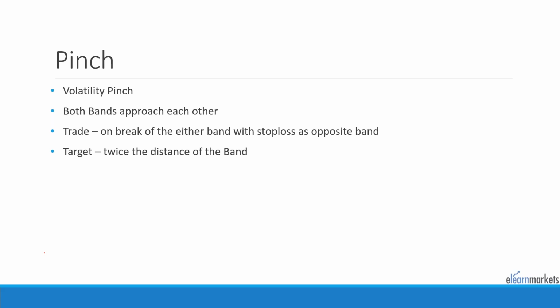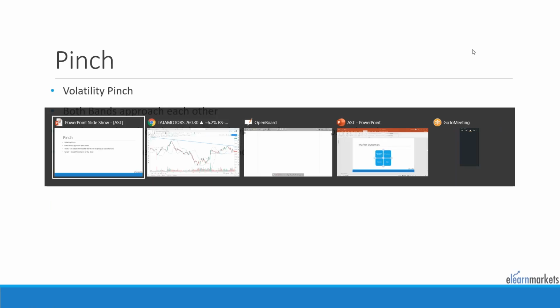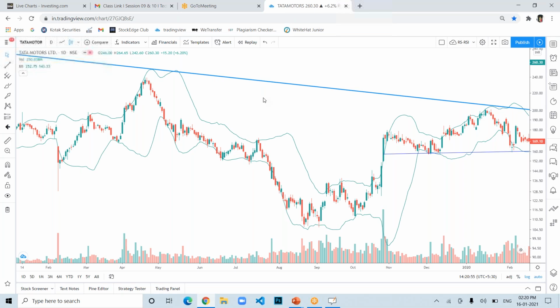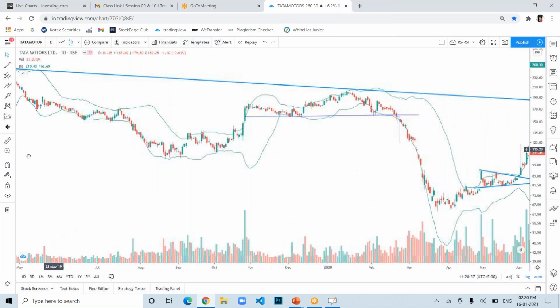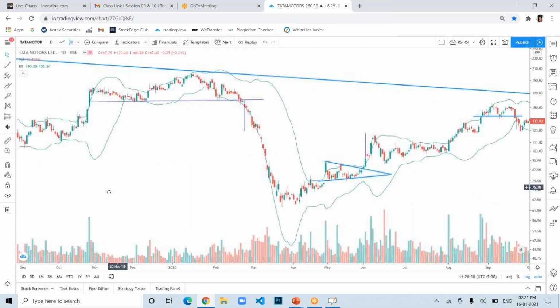What is a pinch? Now, as we know, Bollinger Band is a volatility indicator. The stock does not have the same volatility throughout. In any stock you see, the band is moving up or down by itself.